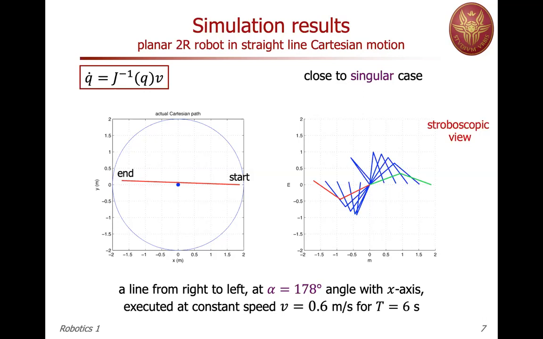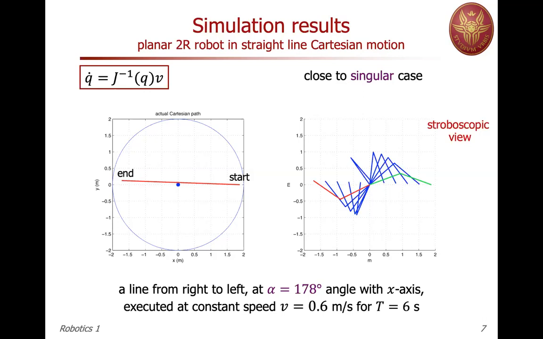So the stroboscopic view looks similar, but you can see that this is sampled uniformly. So these are configurations sampled uniformly. You start with the same configuration as before. You end up with a slightly different configuration because the endpoint is closer to the x-axis.